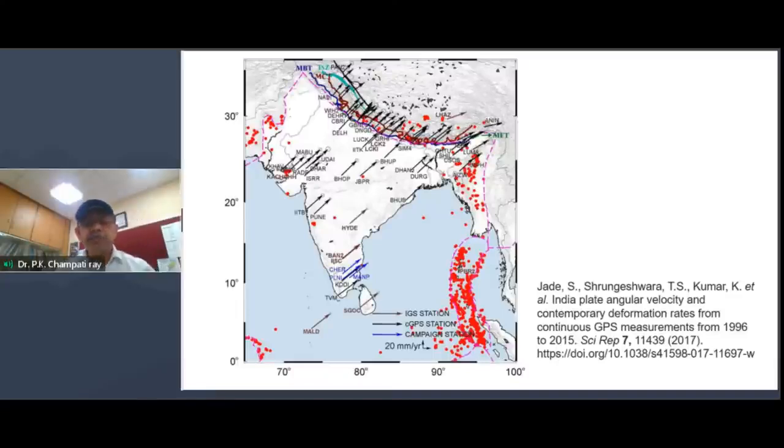I have just mentioned this paper because it was published in a prominent journal. So for reference purposes, you can see this paper, but similar observations have been taken by various agencies in the country, including the Indian Institute of Remote Sensing.